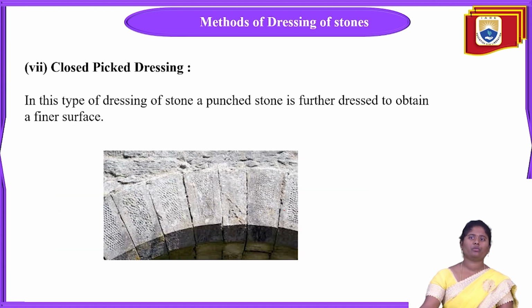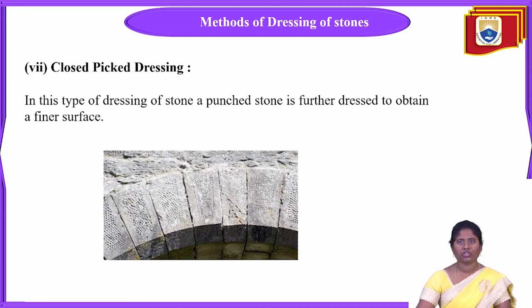Next one is closed picked dressing. In this type of dressing, a punched stone is further dressed to obtain a finer surface. A punched stone is nothing but a stone whose surface is irregular, and we are going to give parallel ridges to that stone.